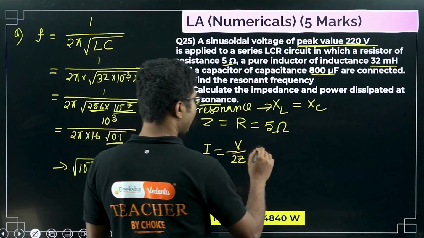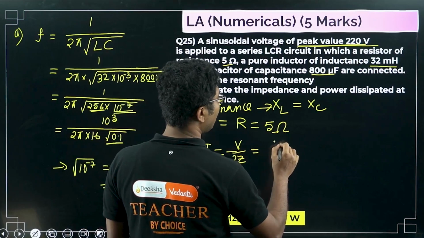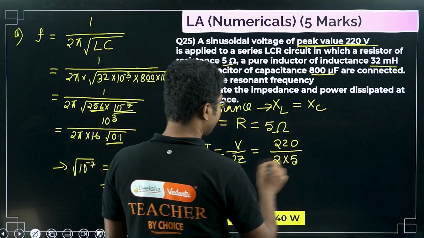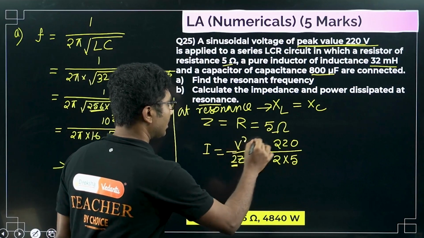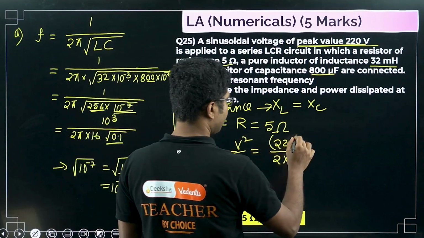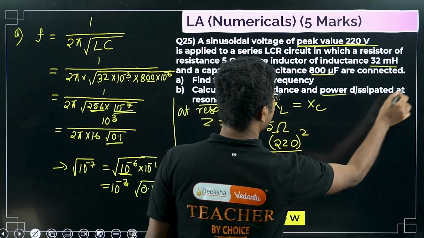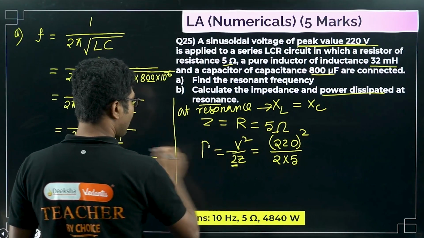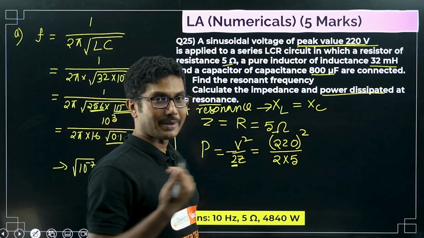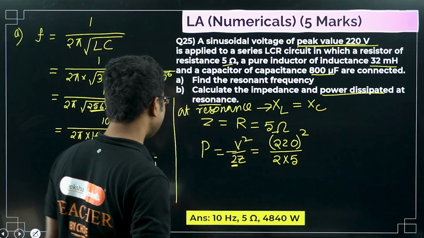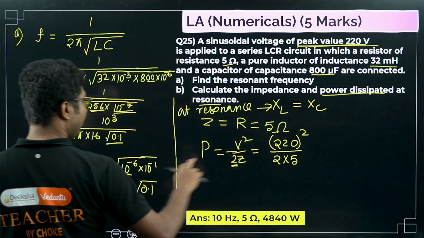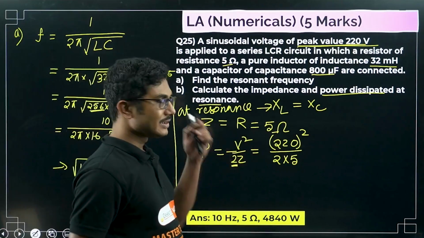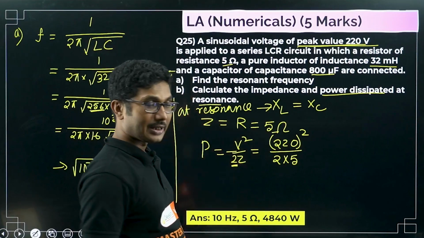Actually, we are not calculating current, my mistake. We are calculating power dissipated. Power dissipated is V square by R, in this case V square by Z, because impedance is Z. So since the peak value is given, it is V square by 2Z.